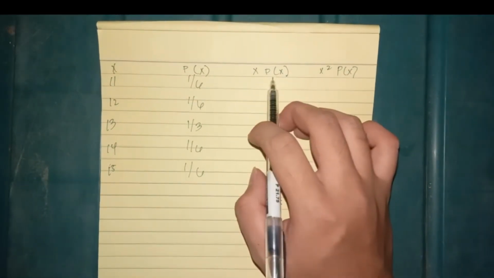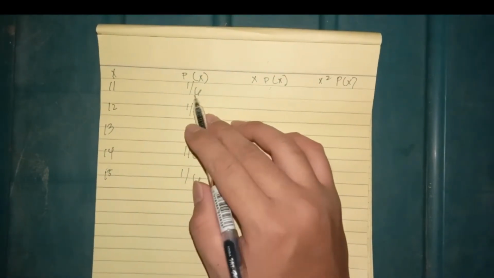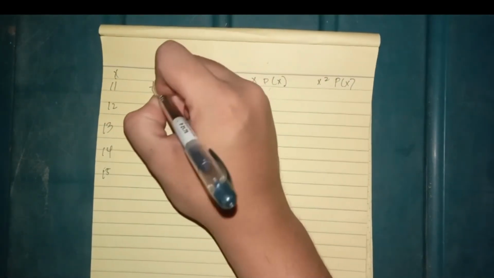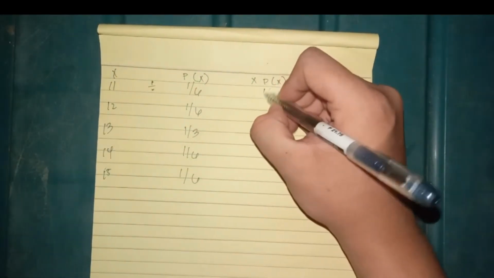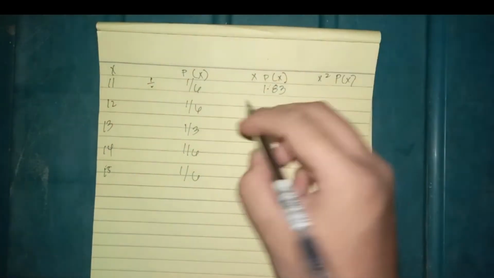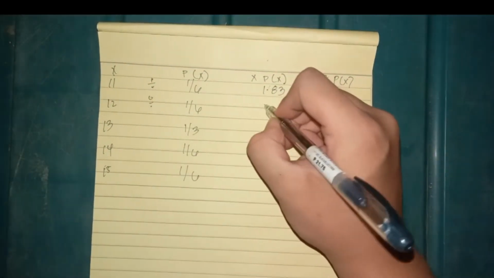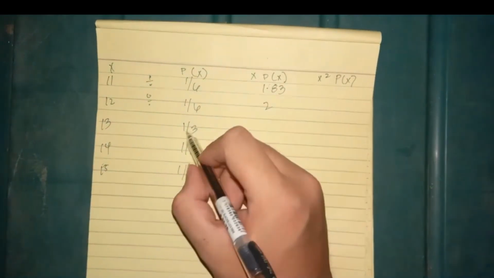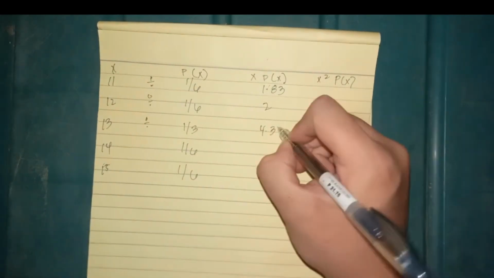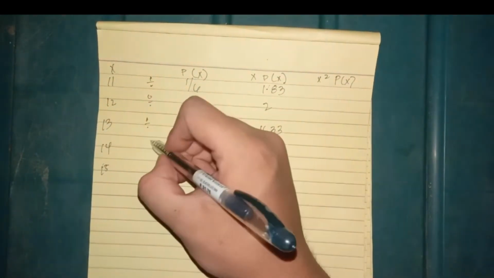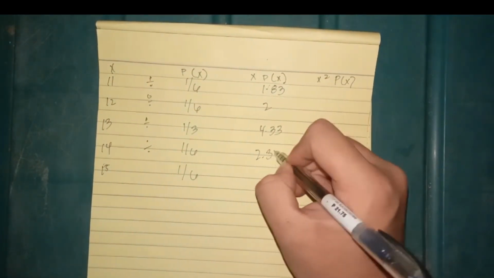Paano nga natin to makukuha? Ganito. 1 over 6 times 11 is equals to 1.83. 1 over 6 times 12 equals to 2. 1 over 3 times 13 equals to 4.33. 1 over 6 times 14 equals 2.33.